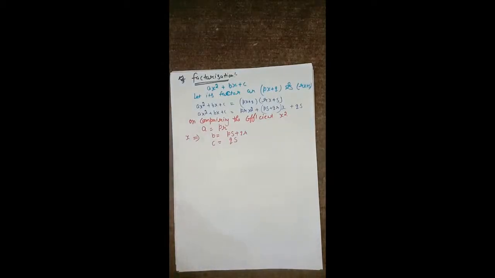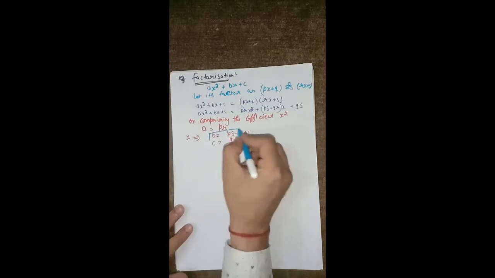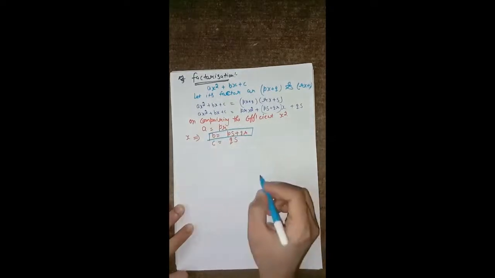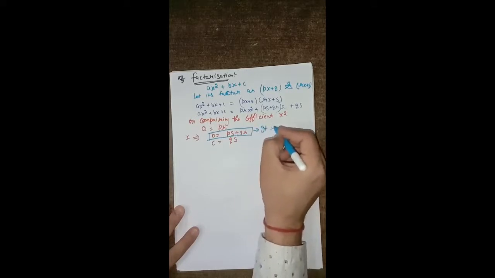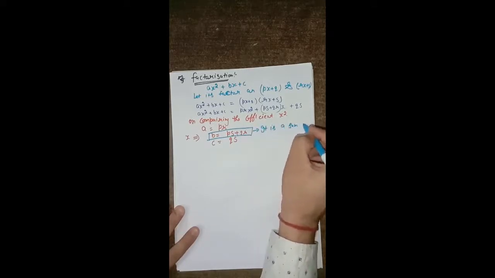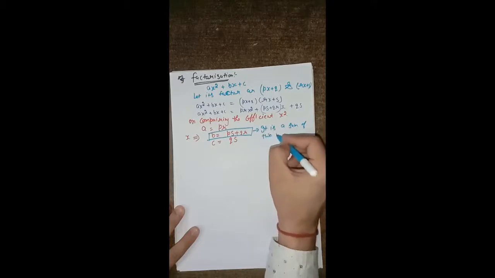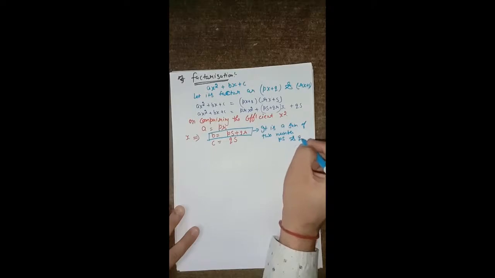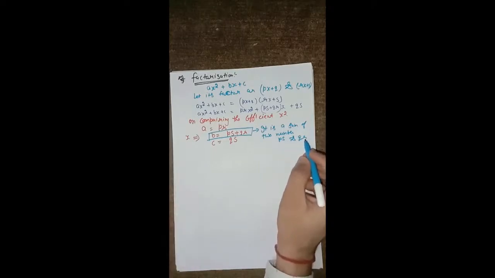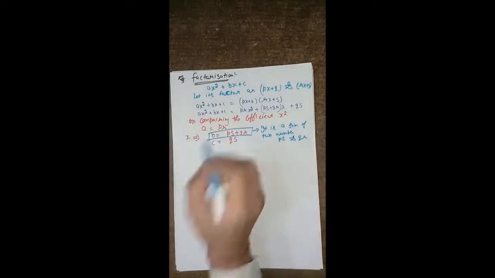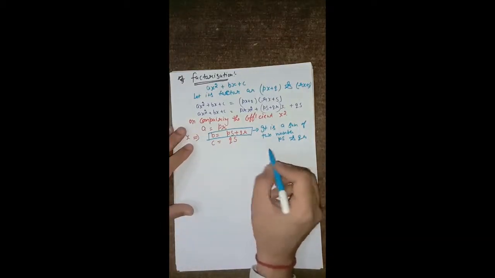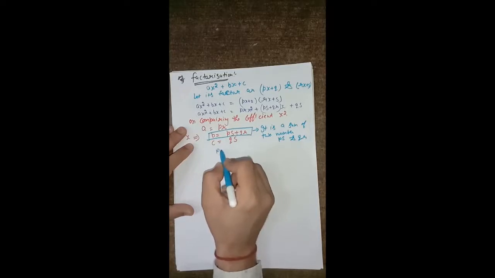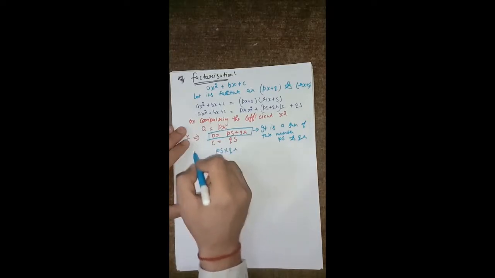Now we can say that b is the sum of two numbers, that is ps and qr. ps and qr are two numbers whose sum is b, and the product of these two numbers will be ps into qr.